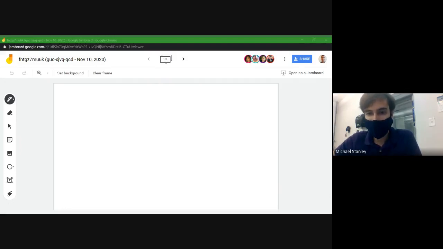Let's do sulfur. All right, so let's say, for example, we have the element sulfur, and sulfur has an atomic number of 16 and an atomic weight of 32.